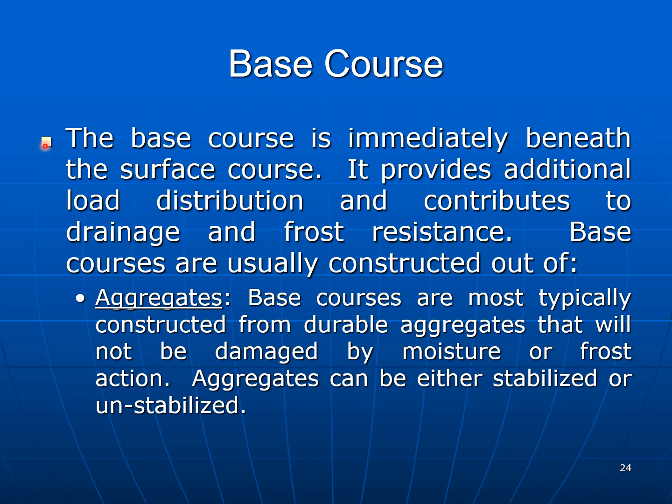Base courses are usually constructed out of aggregates. Base courses are most typically constructed from durable aggregates that will not be damaged by moisture or frost action. Aggregates can be either stabilized or unstabilized.